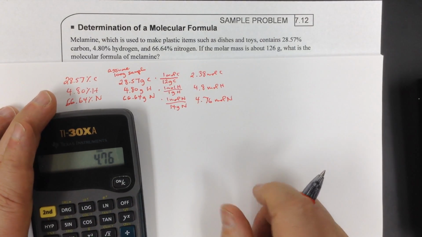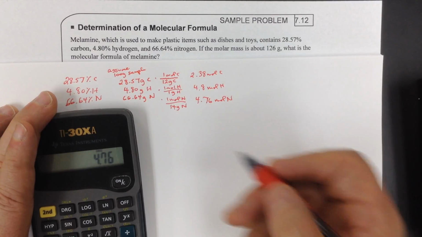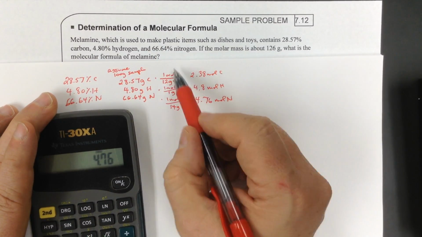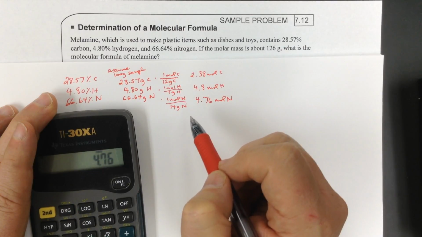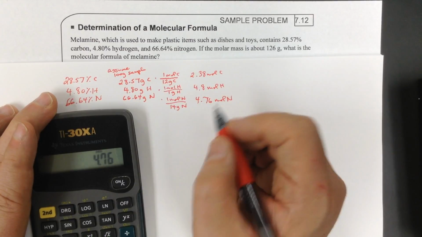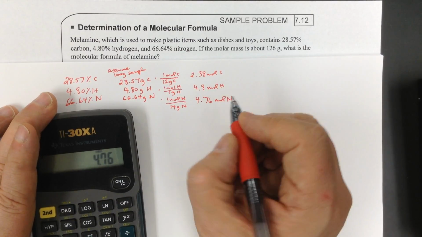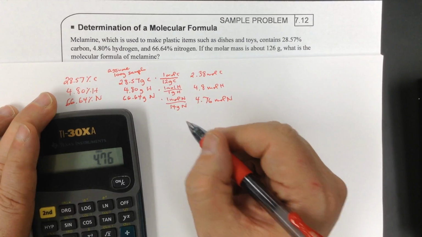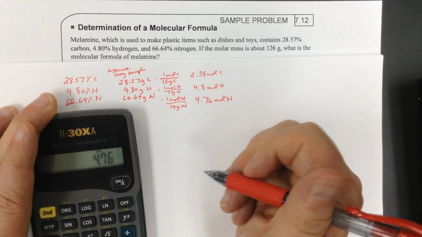Now, I could write carbon with 2.38 as a subscript and hydrogen 4.8, but it wouldn't mean anything. I only understand formulas when I have whole numbers, little integers telling me I've got 2 hydrogens and 1 oxygen, something like that.